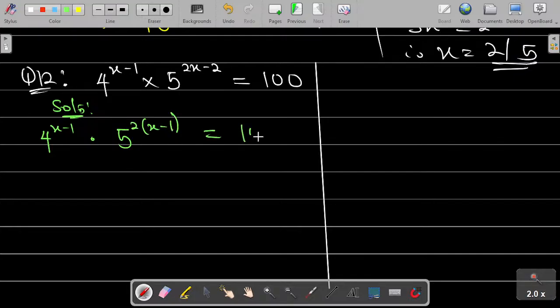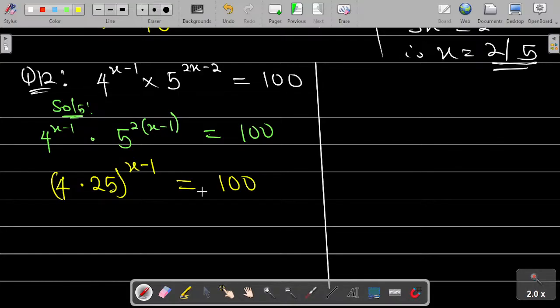You can clearly see that 2x minus 2 is the same thing as 2 into x minus 1, because if you open this bracket you get back this. Which is going to give us 4 times 5 raised to power 2, which is 25, and then you bring out x minus 1 as power, and that's equal to 100.